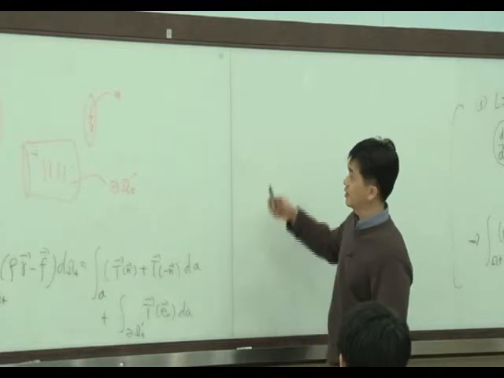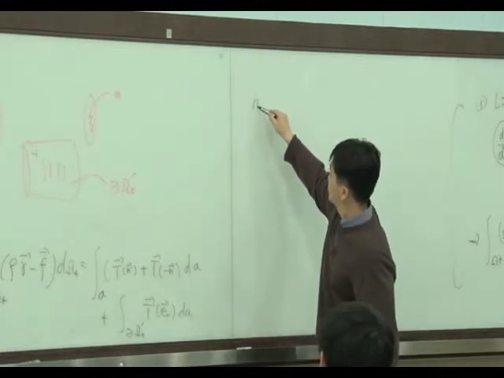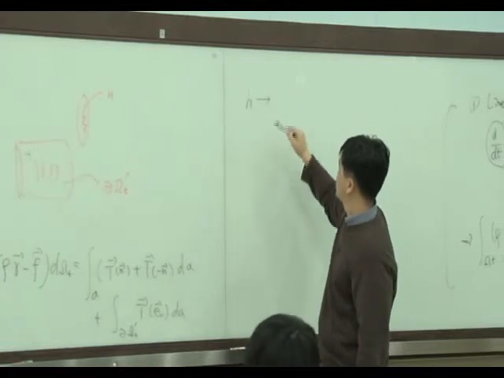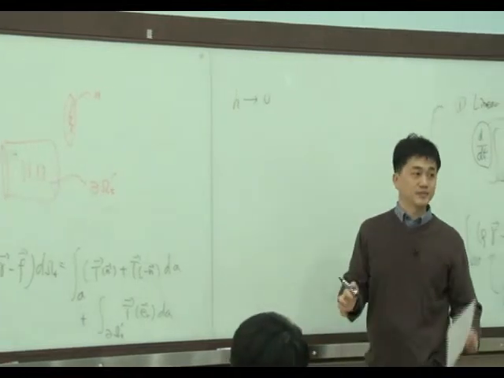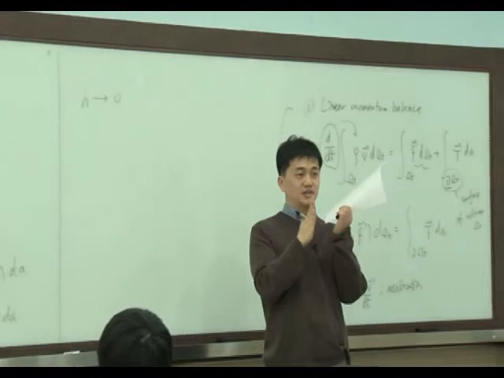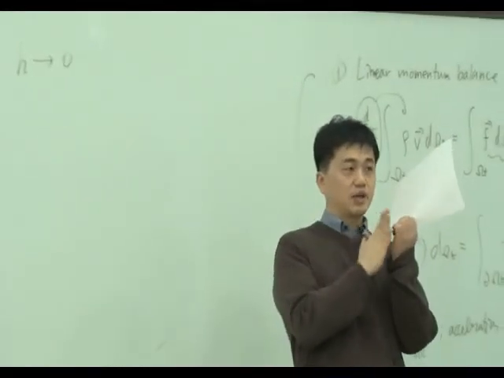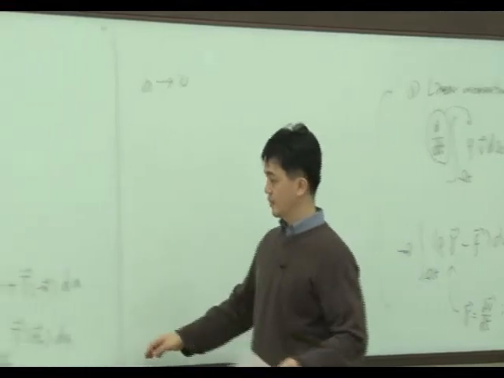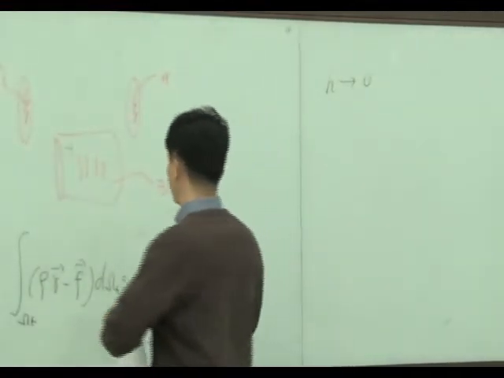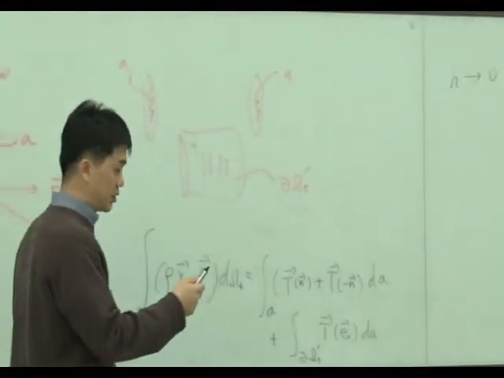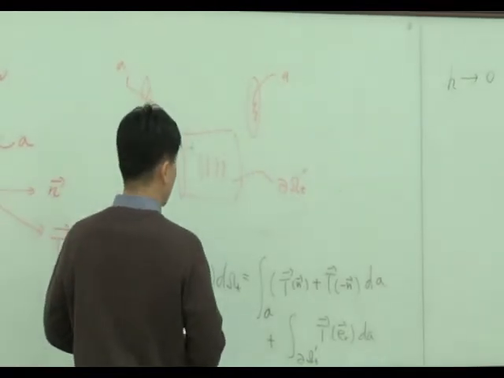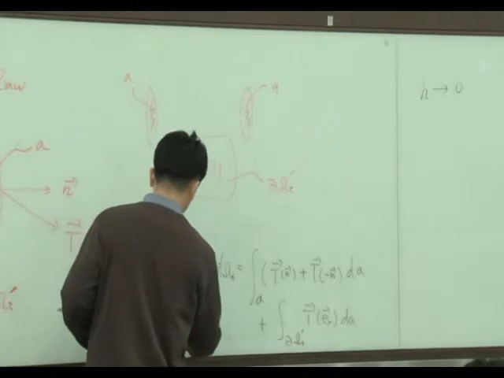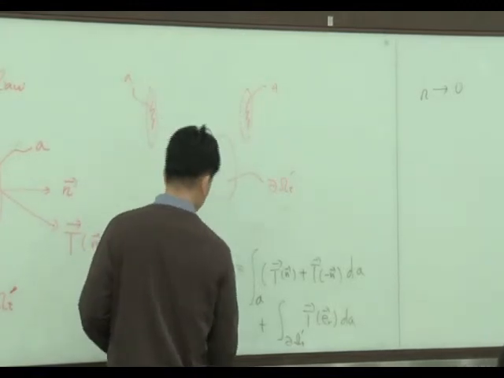And then I'm going to take the limit. I'm going to let h go to 0. Okay, the cylinder collapses. Then what happened? The volume becomes 0, right? If h goes to 0, then the volume goes to 0.